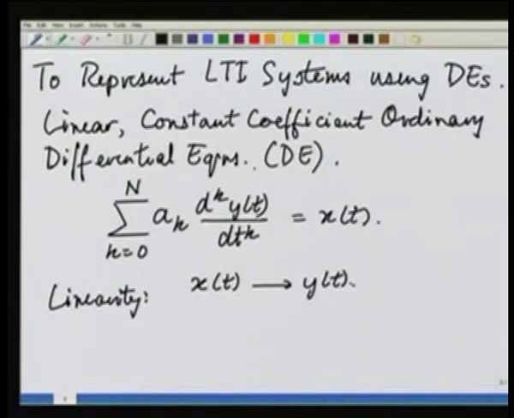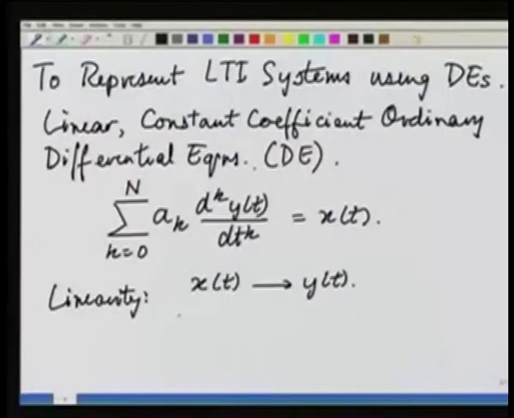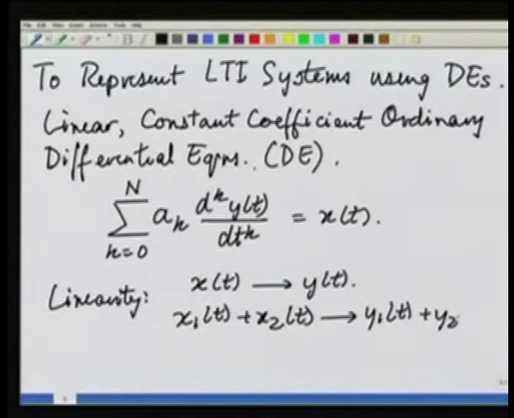Then for this kind of differential equation, under certain conditions, it will turn out that if two inputs are superimposed, x1(t) and x2(t), whose respective outputs are y1(t) and y2(t), then the response to x1(t) plus x2(t) will be y1(t) plus y2(t) under certain conditions.